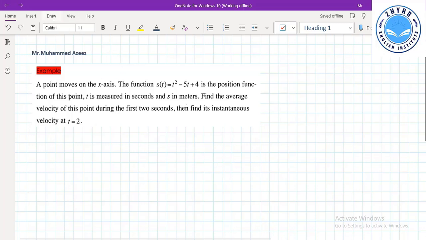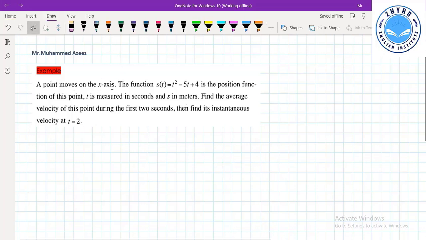A point moves on the x-axis. The function s of t, this is important, s of t is t squared minus 5t plus 4. Is the position function. Then t is measured in seconds.